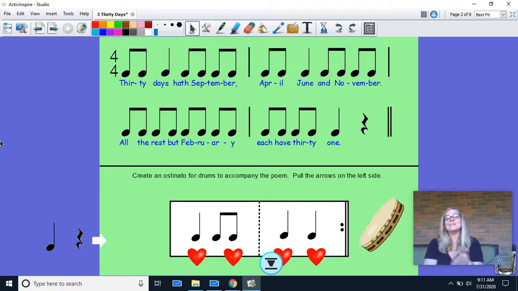All the rest but February each have 31. If you've got it, go ahead and say the poem while I play this ostinato. 1, 2, ready, go. Did you get it? Hopefully.